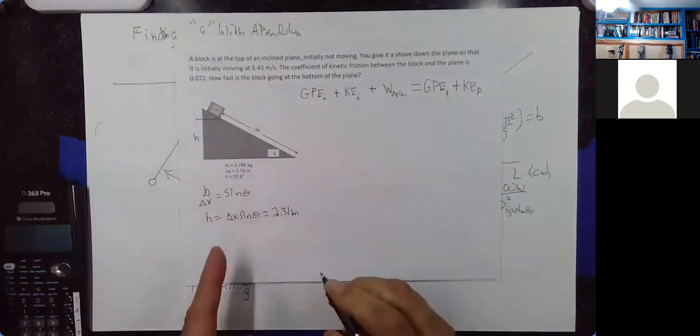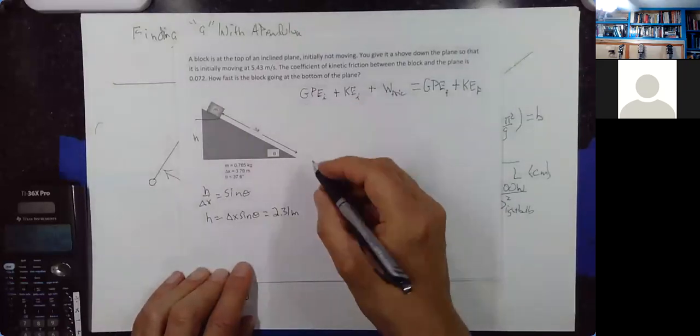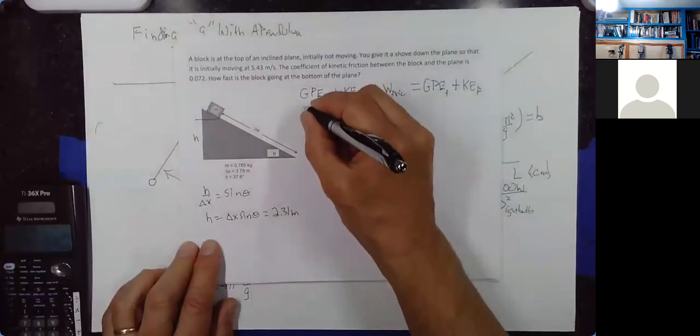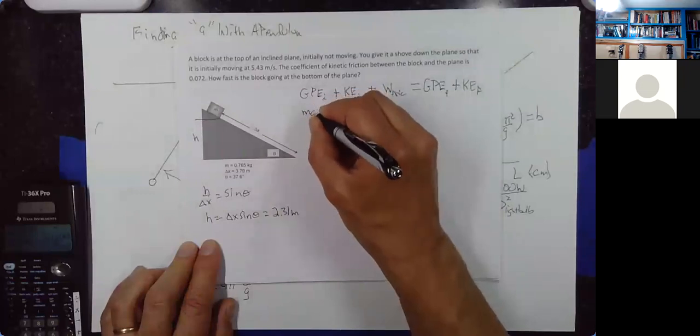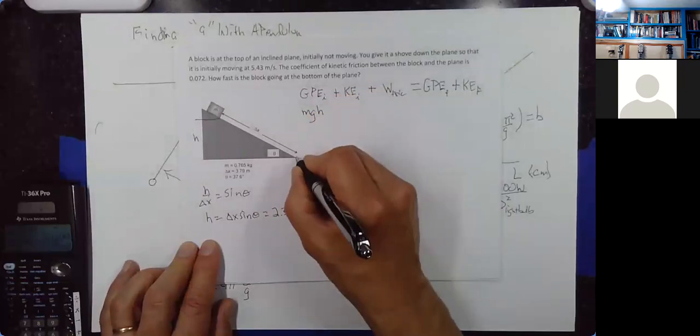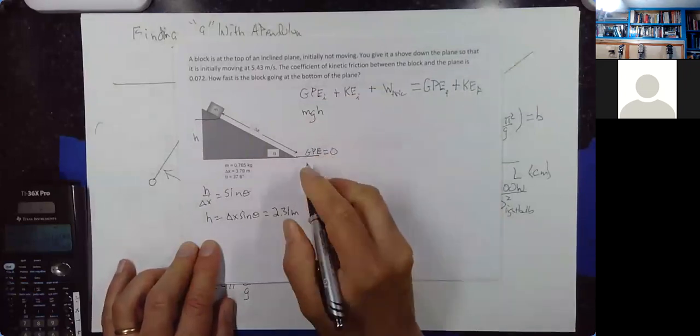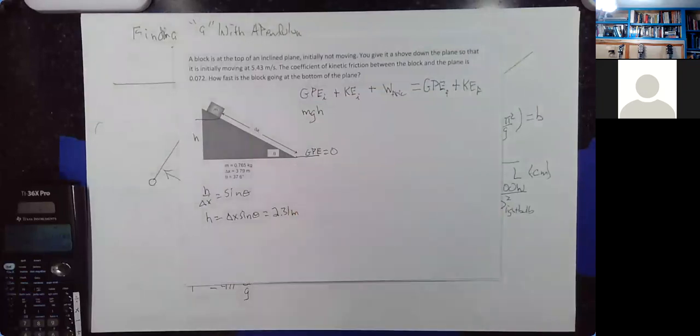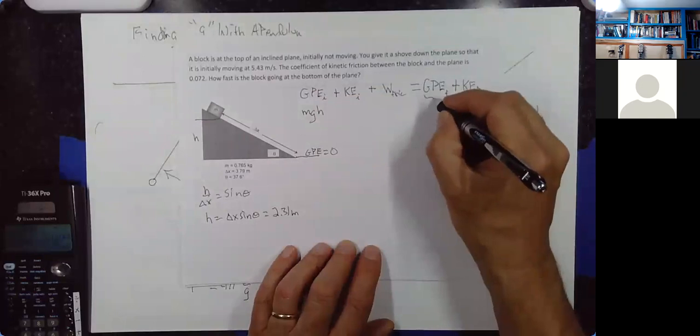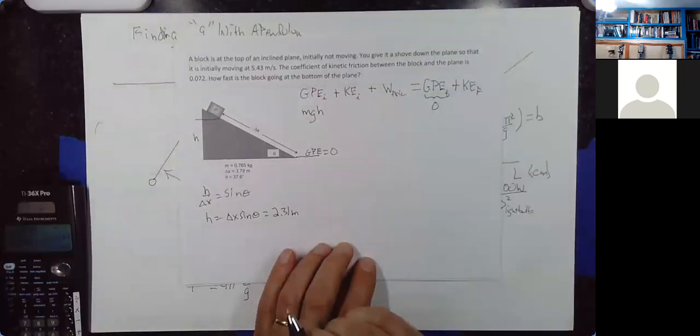So that's what that is. And so that initial gravitational potential energy is going to be mgh, because I'm going to decide that GPE is equal to 0 down here at the bottom of the plane. So that's something that I have, which means this is going to be 0.